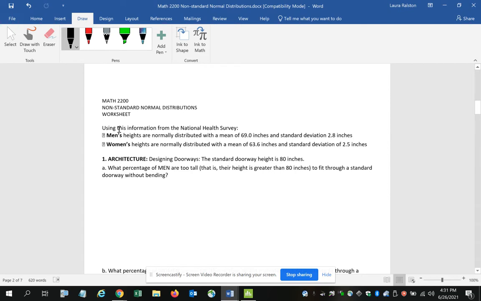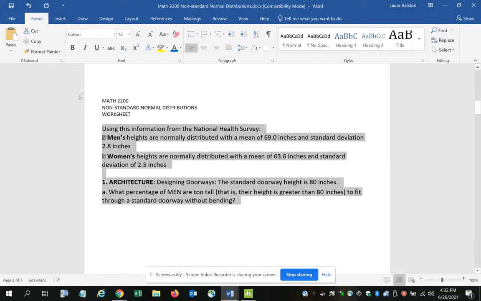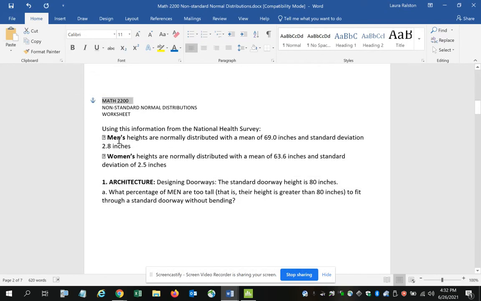The first question says, using this information from the National Health Survey, and I'm going to make this print a little bit bigger. It tells us men's heights are normally distributed.